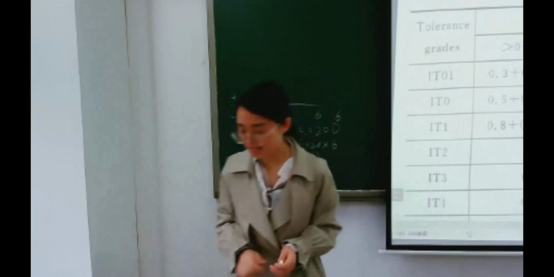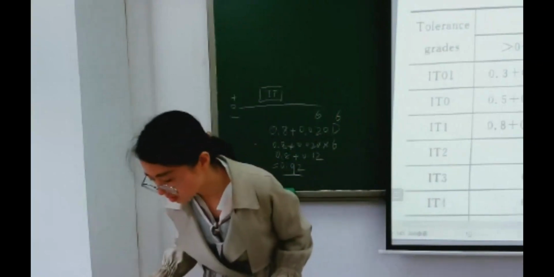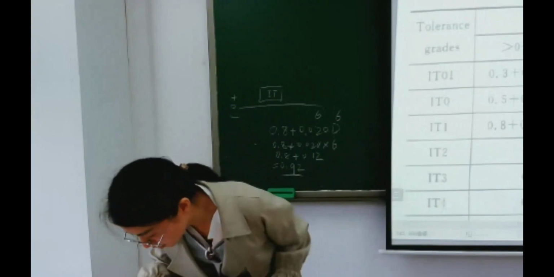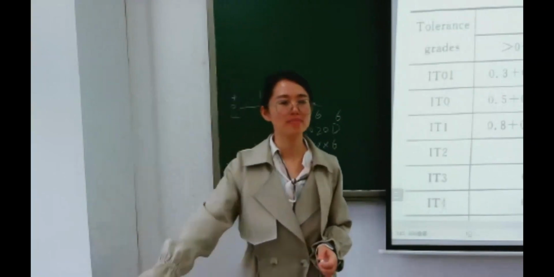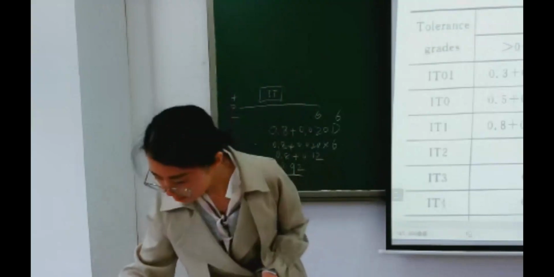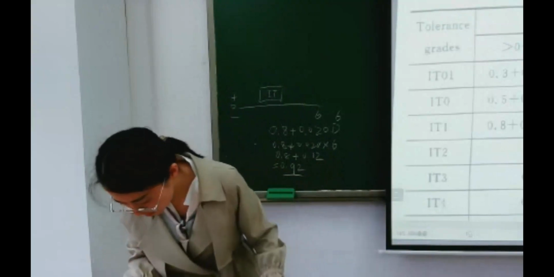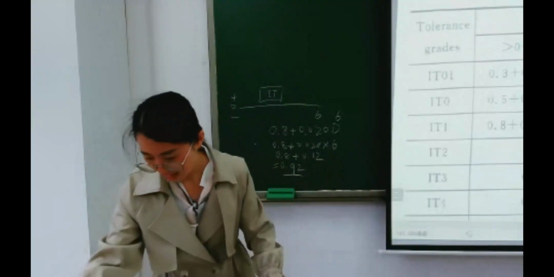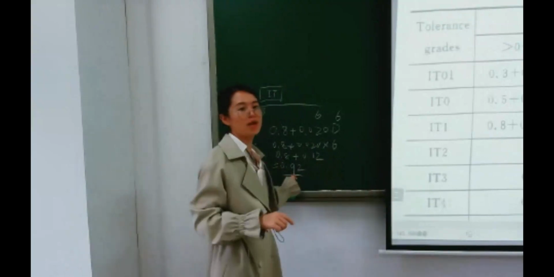So you can find it in table 2.4, on page 27. You can find the 6. So the IT1 is 1 micrometer, right? Yes. It's almost the same, right?